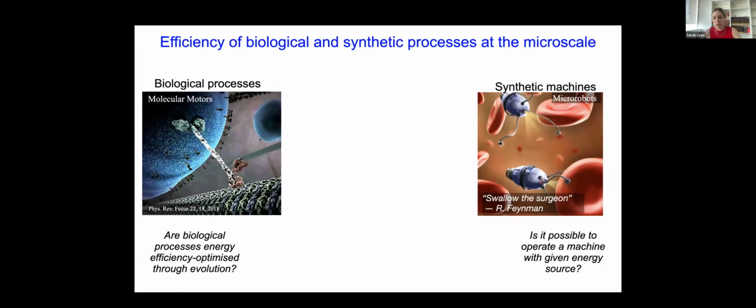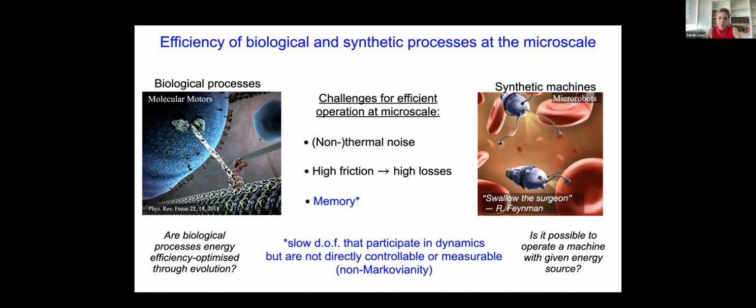From an engineering perspective, if we were thinking about these fictitious micro robots, which would be very useful to do a lot of tasks for us in the medical realm, it provides us with answers to the question whether it is possible to operate a certain machine with a given limited energy source.